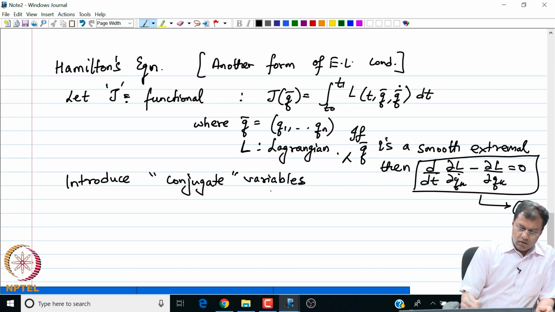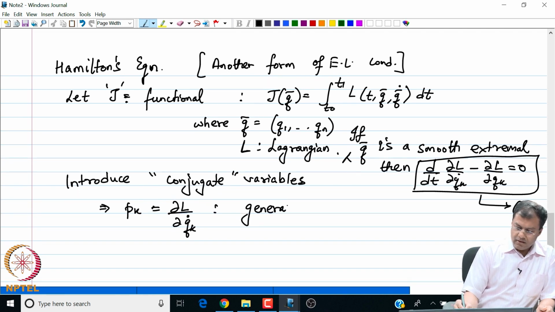So I see that my Pk, which is also equal to partial L partial Qk dot, is the generalized momenta.